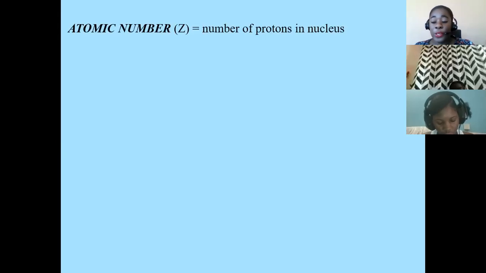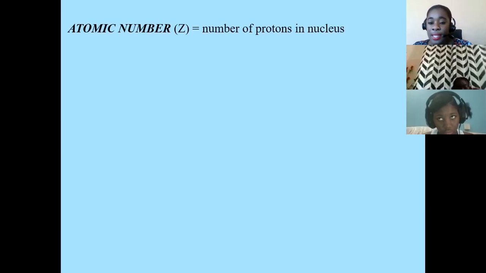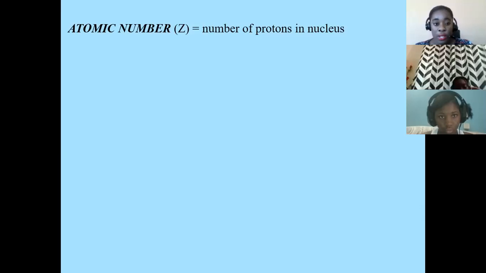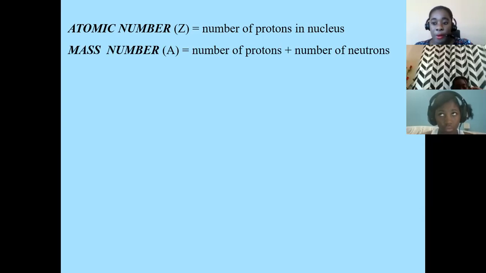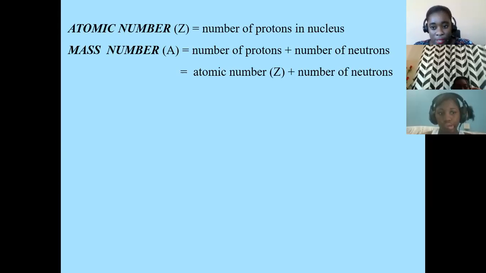Atomic number. We usually use Z to represent that. That's the number of protons in the nucleus. Mass number. So we're summarizing what we've said so far. Mass number is equal to the number of protons plus the number of neutrons, which is the atomic number plus the number of neutrons.